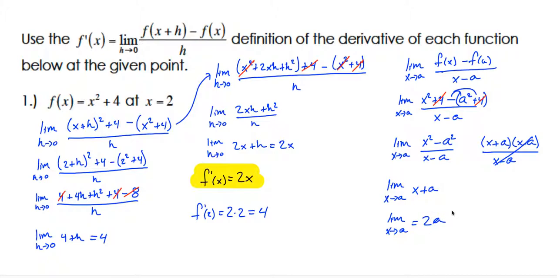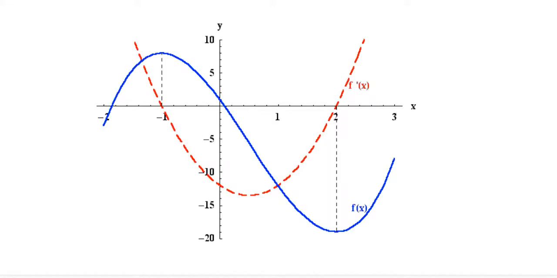All right, and since a was 2, we know that the limit there really equaled 4. So again, it doesn't matter which definition you use, it's going to give you the same answer at the same point. Okay. At the end here, let's talk about what it means to have the graph of a derivative.